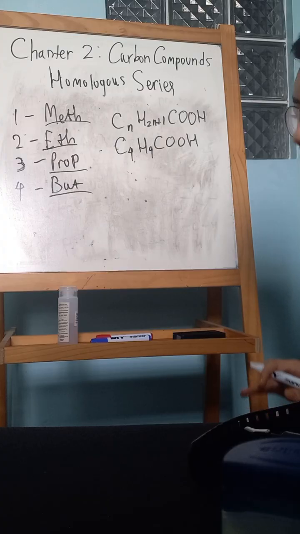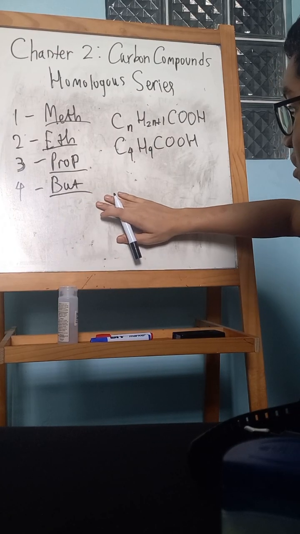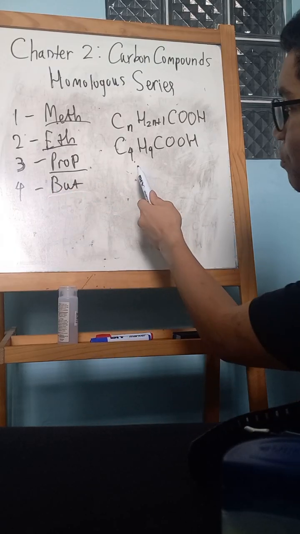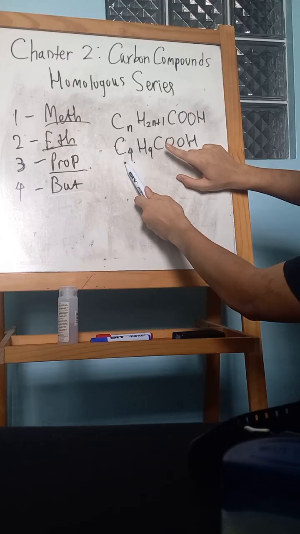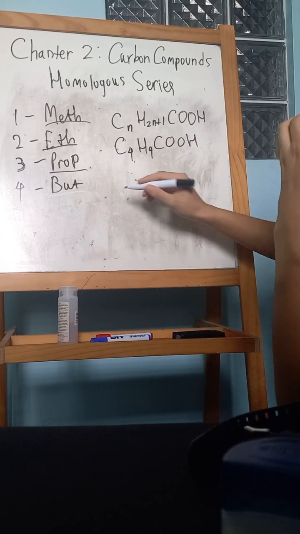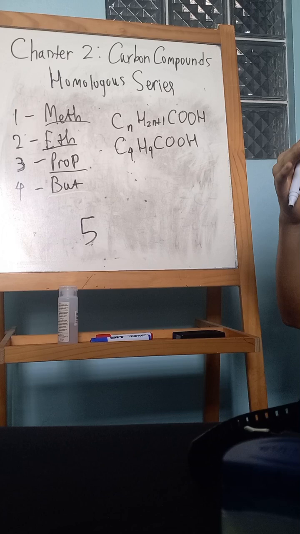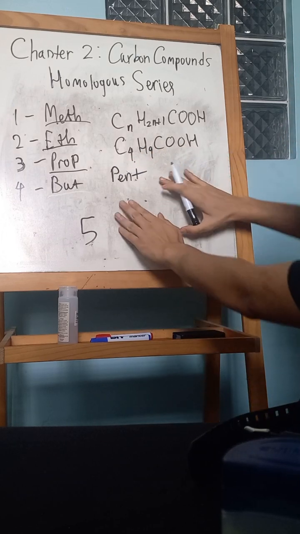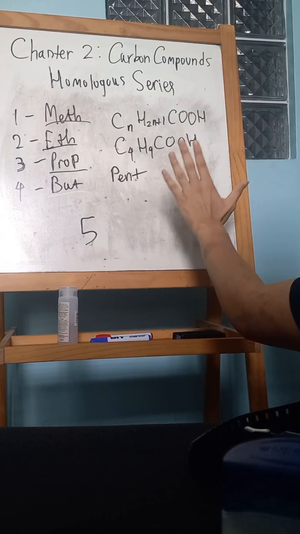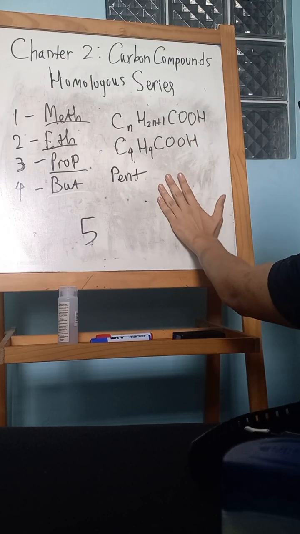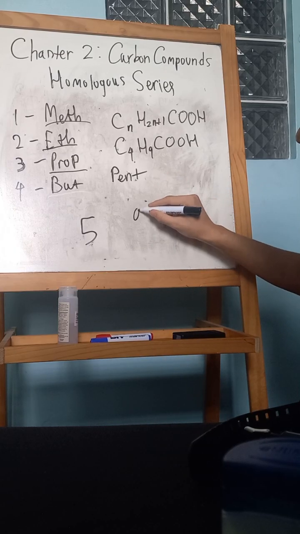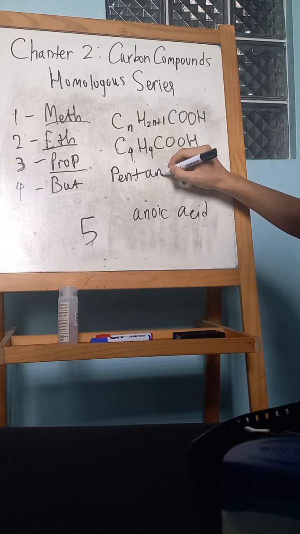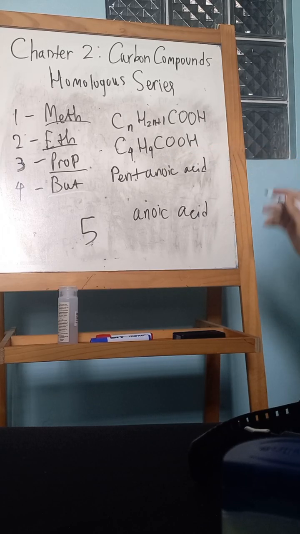So obviously you think, oh, it's but. It should start with but, right? Wrong. Even though there's 4 here, there's another one here. See? So this is 5 carbon atoms. So it would be pent. Pent. And since this is a carboxylic acid, you're supposed to attach it to anoic acid. Okay? Pentanoic acid.